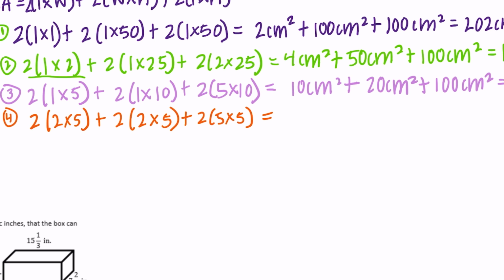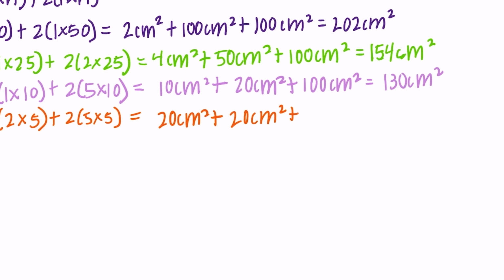So 2 times 5 is 10, times 2 is 20 centimeters squared, plus another 20 centimeters squared, plus 5 times 5 is 25, times 2 is 50 centimeters squared. So that would be equal to 90 centimeters squared.